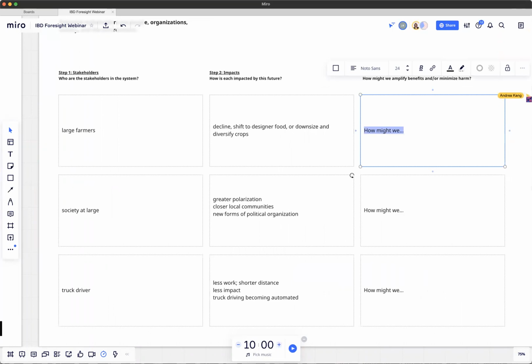Like, we could incentivize local business models. Like, we could help them transition to new ways of essentially engaging locally. That's an example of something we might do.